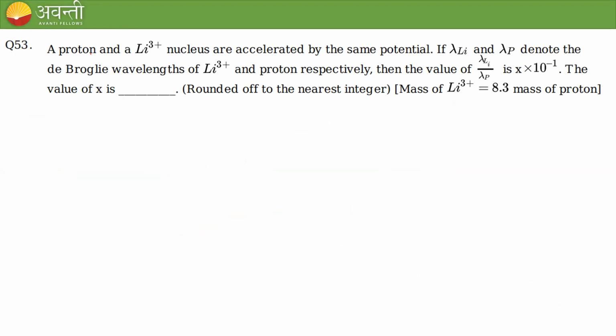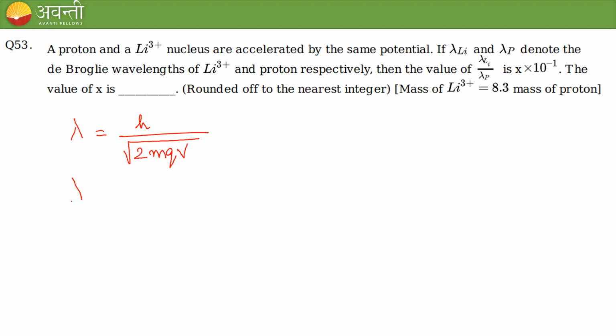So the value of x is. Again we have to find out the value of x. So we know that lambda can be calculated from the formula h by root of 2 m q V. Okay.